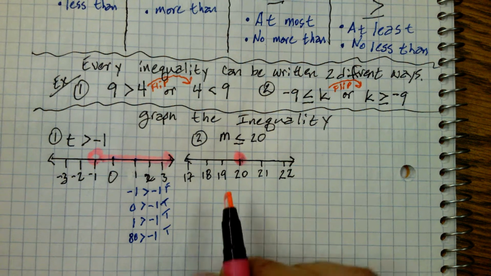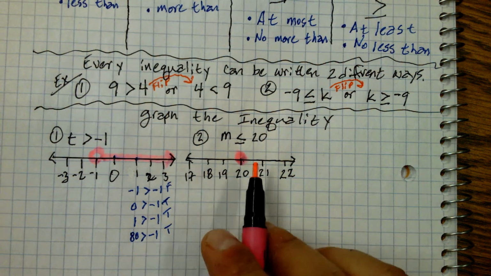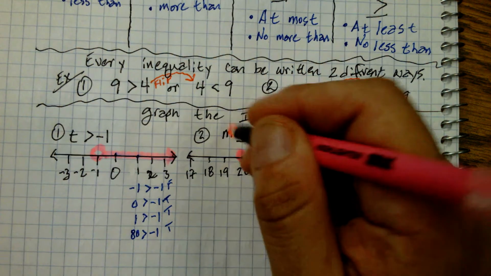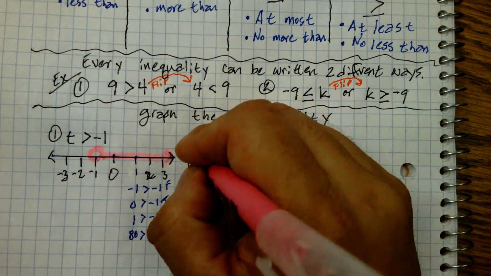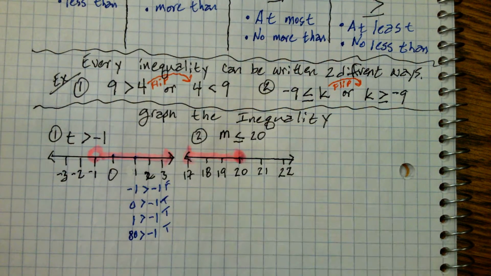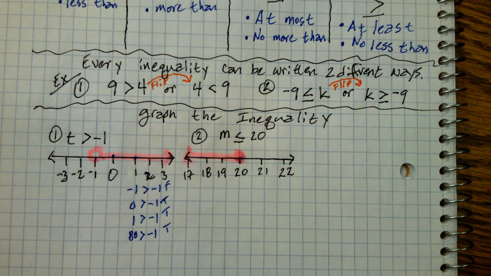And then which side are we going to shade, the left side or the right side? All the numbers that would make m true are on the left side.